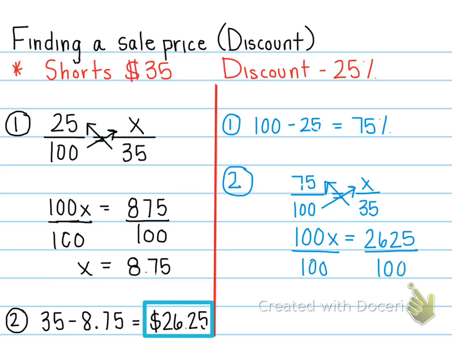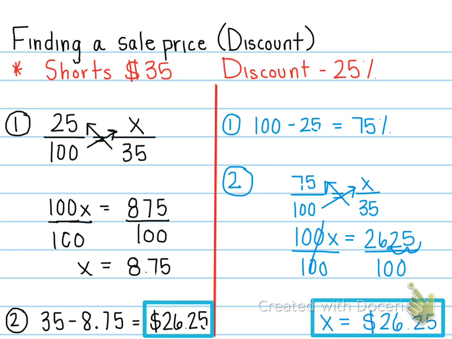Move the decimal 2 spaces over. I get X equals $26.25. So you see, looking at that one, because you subtracted first, you're getting the answer right away. You have to think about what the percent is telling you. Is it telling you how much is off or how much of something you are paying?